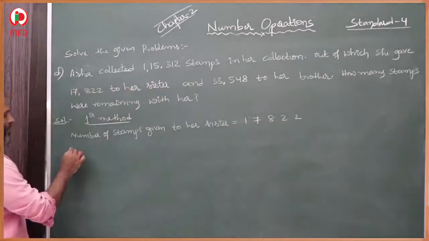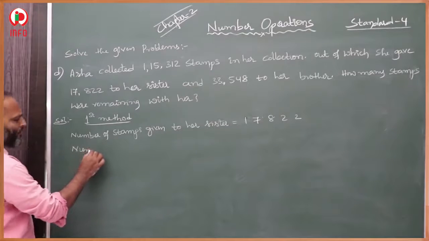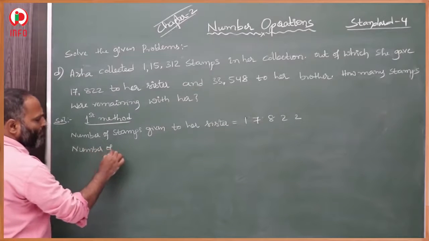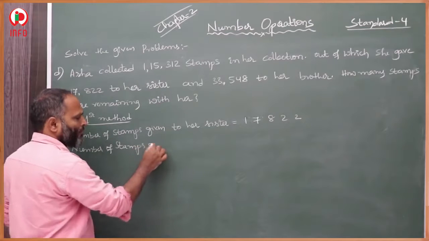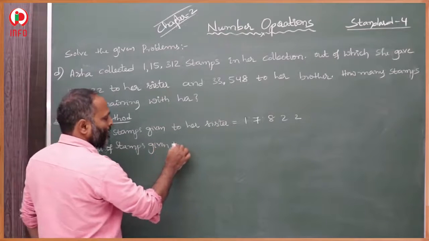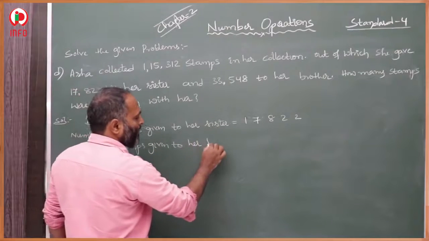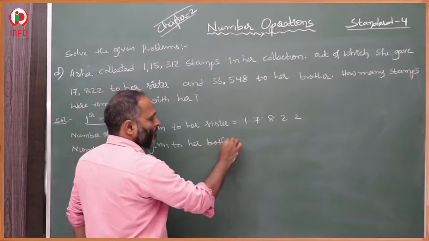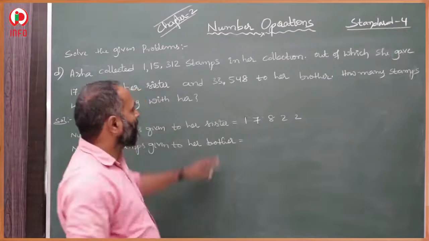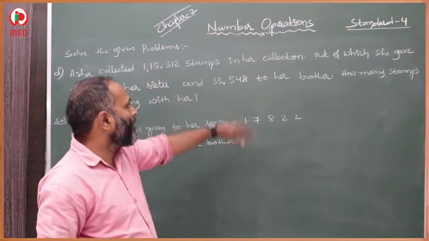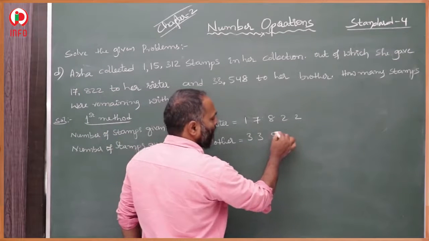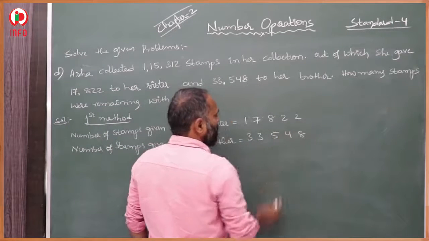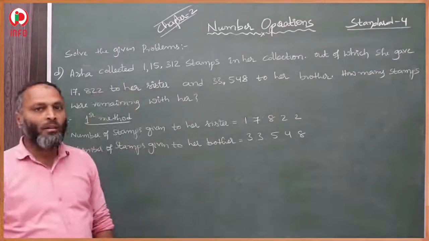Then number of stamps given to her brother. How many stamps? 33,548. This many stamps given to her brother.